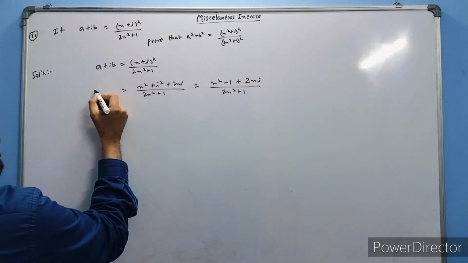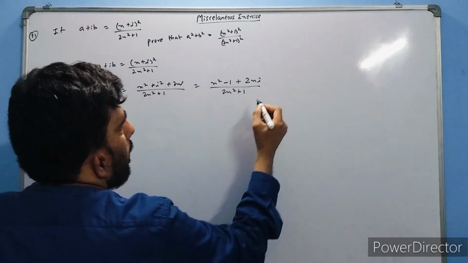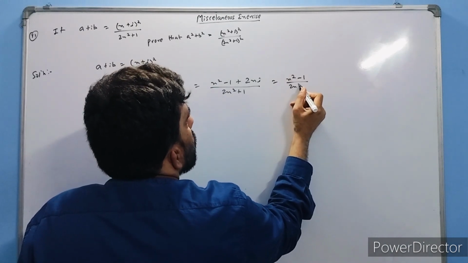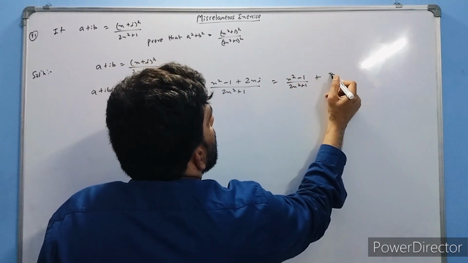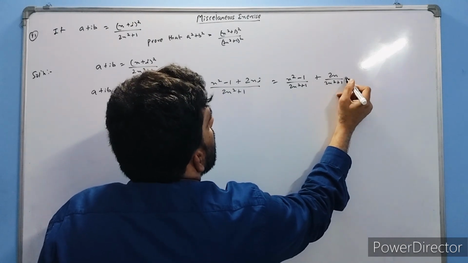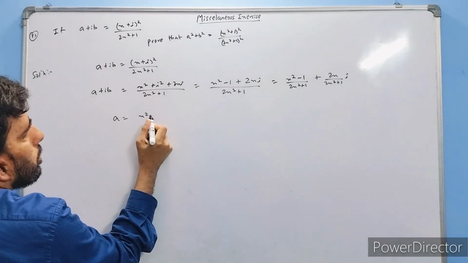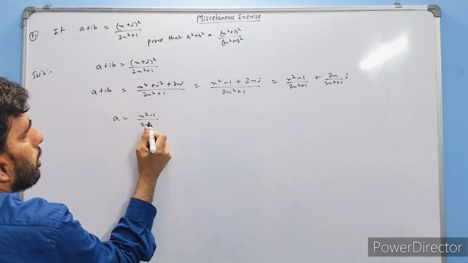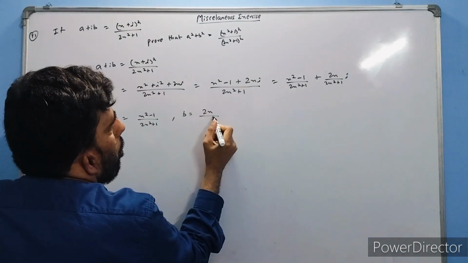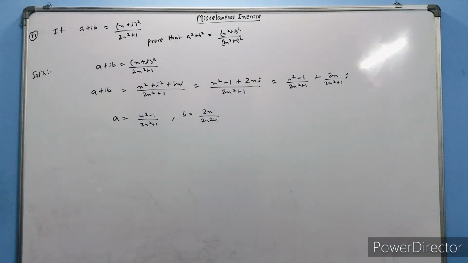So that is what we have, a plus ib. So now I can write this as (x square minus 1) upon (2x square plus 1) plus 2x upon (2x square plus 1), that is i. So I can say a we have (x square minus 1) upon (2x square plus 1), and b we have 2x upon 2x square plus 1. Okay, so that is what we have.